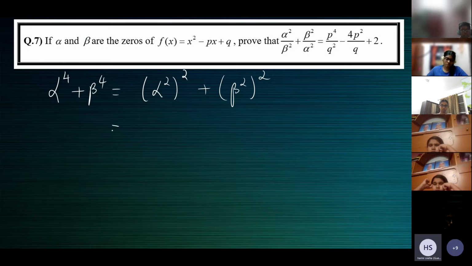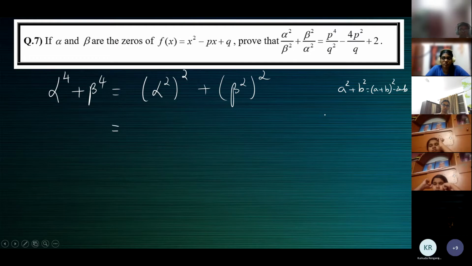Now the next step is we know that a square plus b square is a plus b the whole square minus 2ab. What is a here?